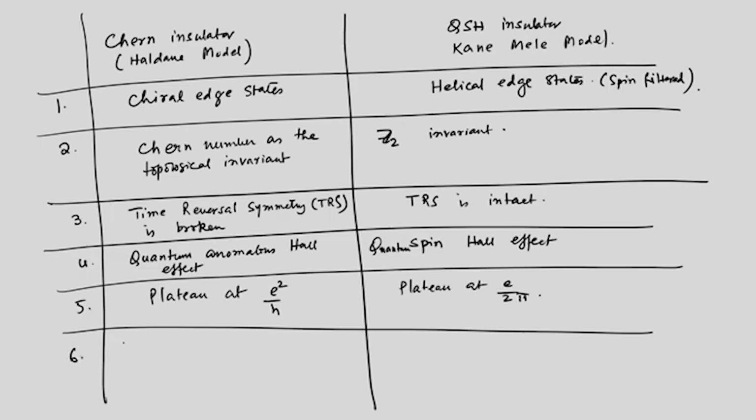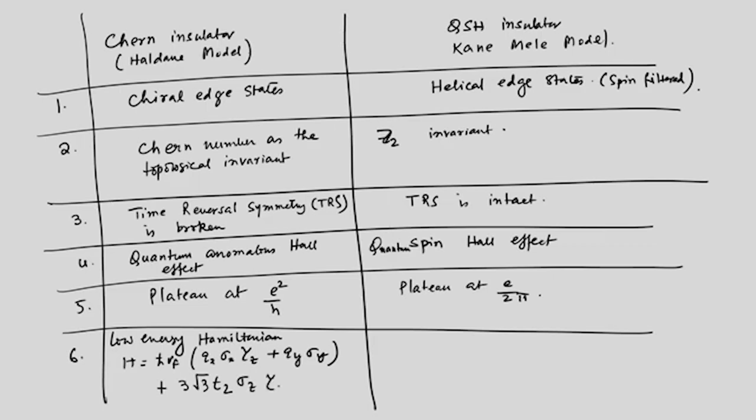Last but not the least, of course, we have a low energy Hamiltonian. H equal to ħ Vf (Qx sigma x tau z plus Qy sigma y) plus 3 root 3 T2, which you can call lambda SO also, sigma z tau z.